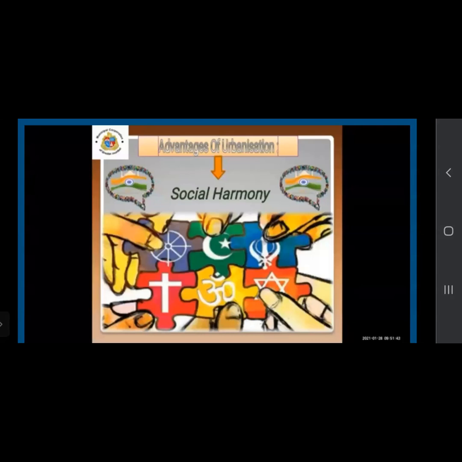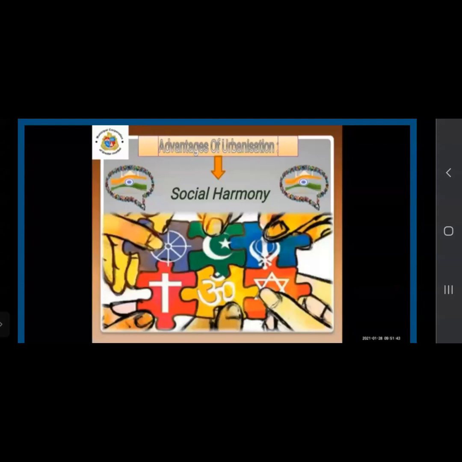Now, the first advantage is social harmony. You can see in the picture national symbols, a flag is shown, and symbols of different castes and religions. This means all people of different castes and religions stay together in a particular region or place.